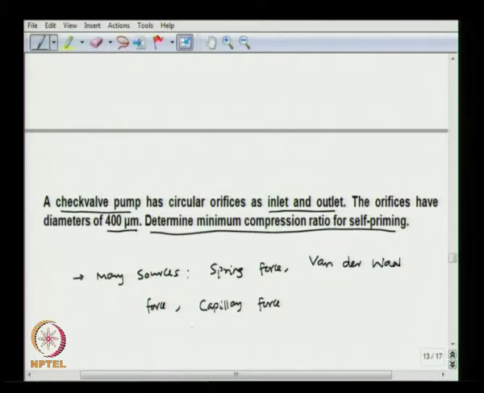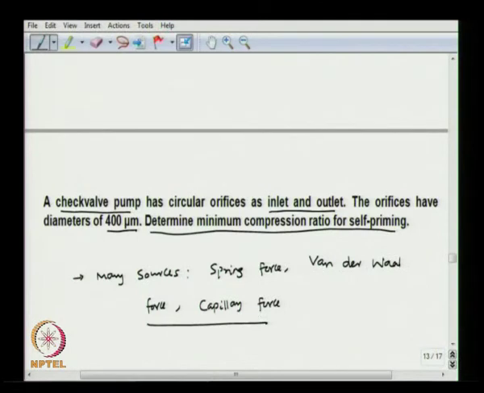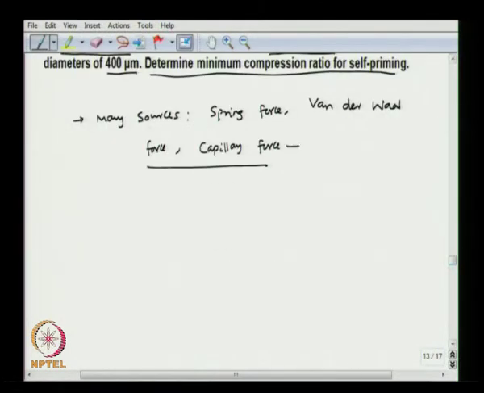So, these are different sources that can be used to close a valve. Now, for a valve that is handling liquid, since the condition is moist, the capillary force based valve closing is most significant. So, this becomes most significant in moist condition. So, this has the biggest impact in moist condition.